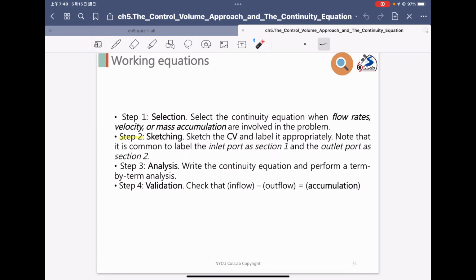a quick slide introducing the working equations for continuity. The most important things included in continuity are the flow rate, the velocity and the mass accumulation. These items indicate the mass in the control volume changing with time, so you can identify the items.